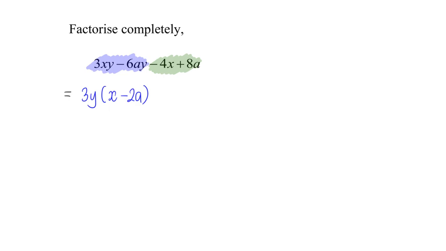For the green color group, I'm going to take out negative 4, and I'm left with x minus 2a as well, negative 2ay, because negative 4 times negative 2a must give me back my positive 8a. Negative times negative gives me positive. Okay?